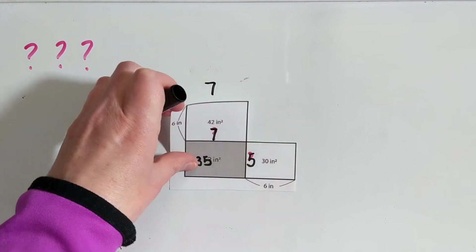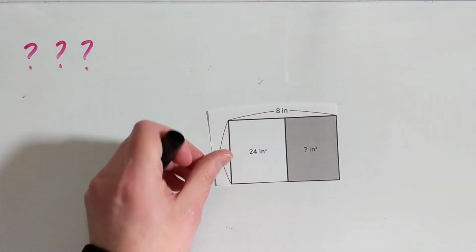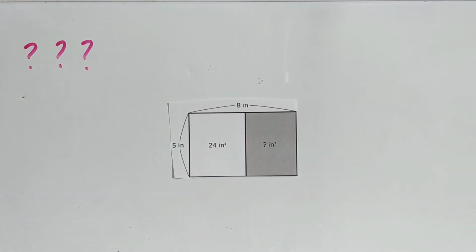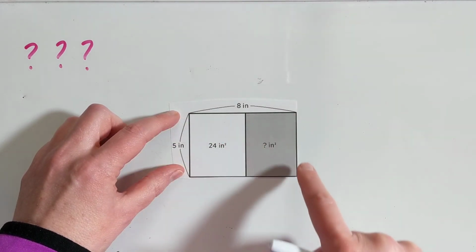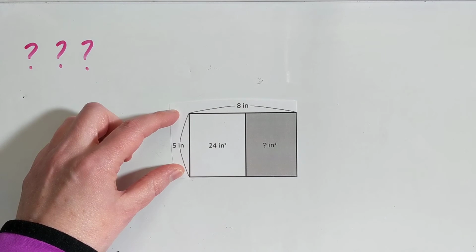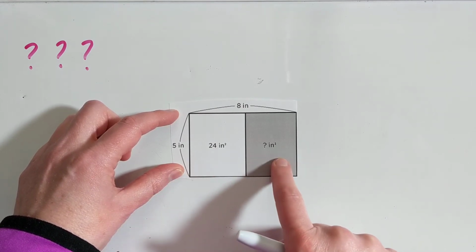Let's take a look at another example. I'm going to go through this quickly. I have this big rectangle in which I know 2 of the sides, which is good.